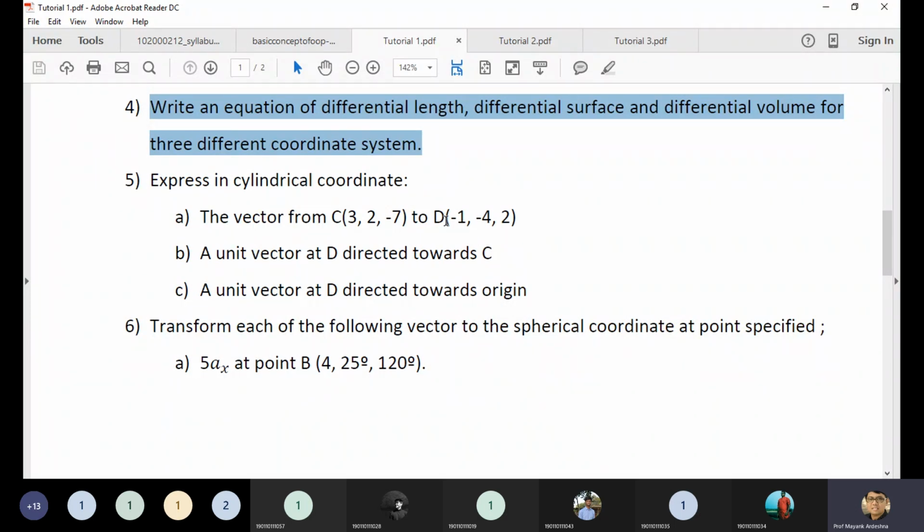So you put in the value at D, then find the magnitude, and divide by the magnitude. This is the only difference between A and B, and similarly for C. B and C are almost similar, but you have to subtract from the origin minus vector T.